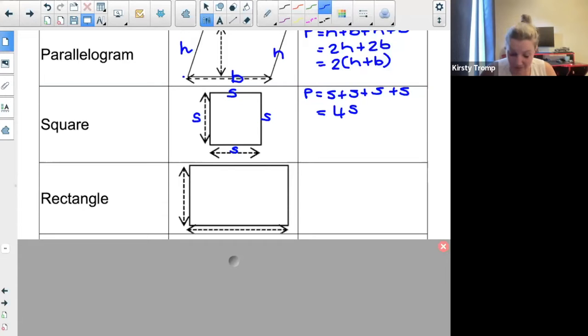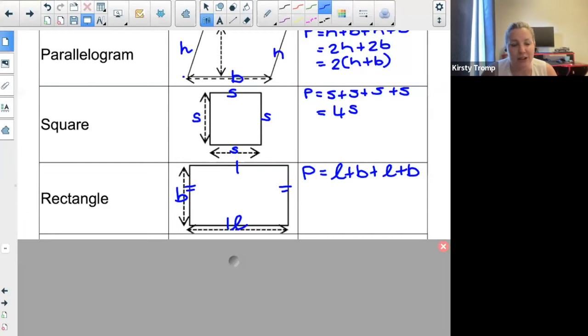Looking at my rectangle, I've got a length and I've got a breadth. I know that this is equal to this, and this is equal to this. So I'm going to say perimeter equals length plus breadth plus length plus breadth.